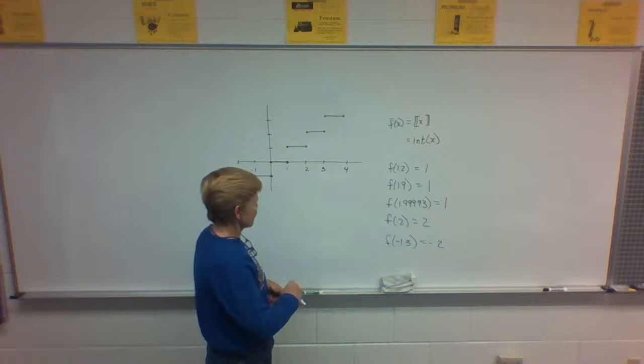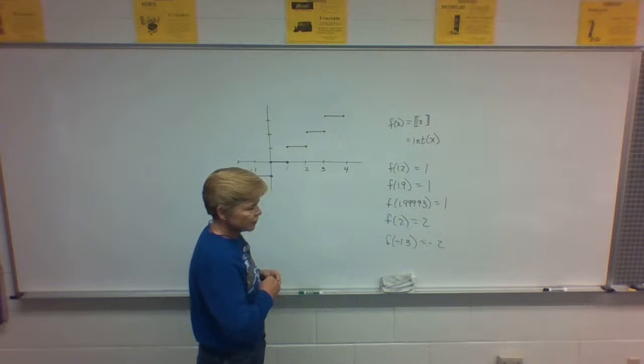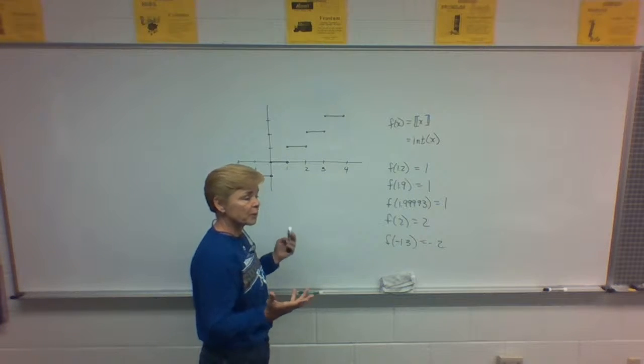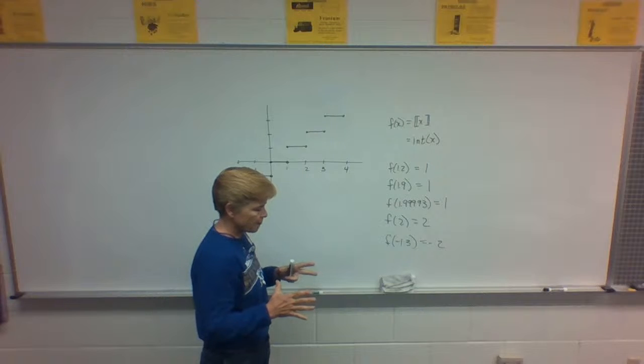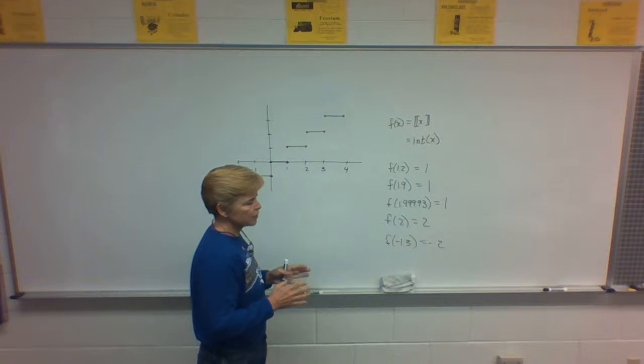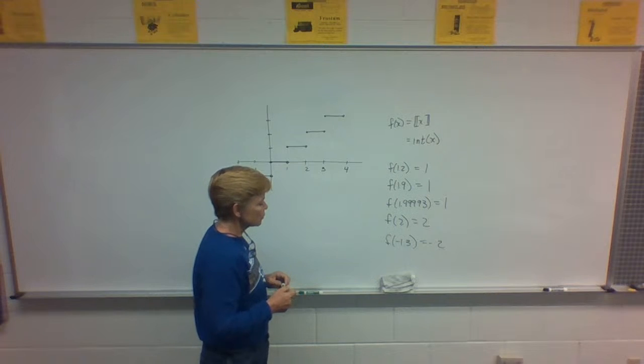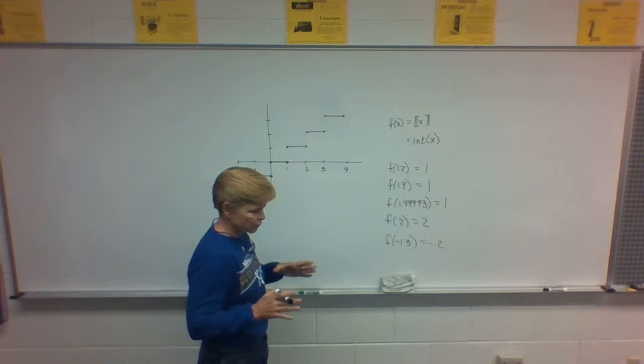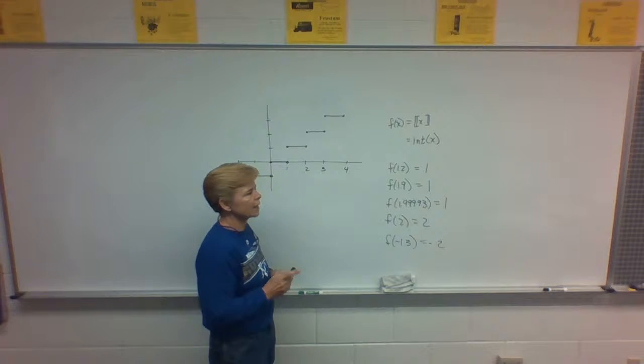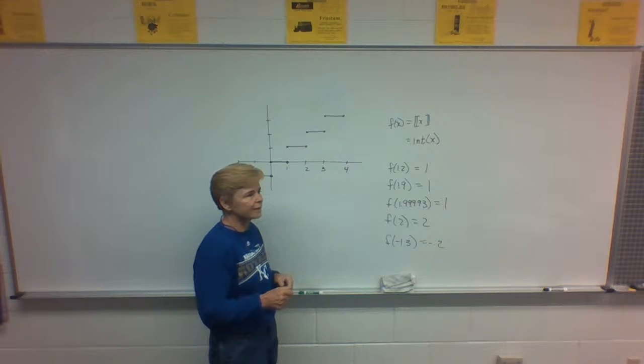This can be useful for things like figuring out how much it's going to cost to mail something. It's generally with letters, and it has to do with ounces, so we'll stick with letters. Between 0 and 1 ounce, it costs you 58 cents, or whatever it is. I don't even know what the price is now.